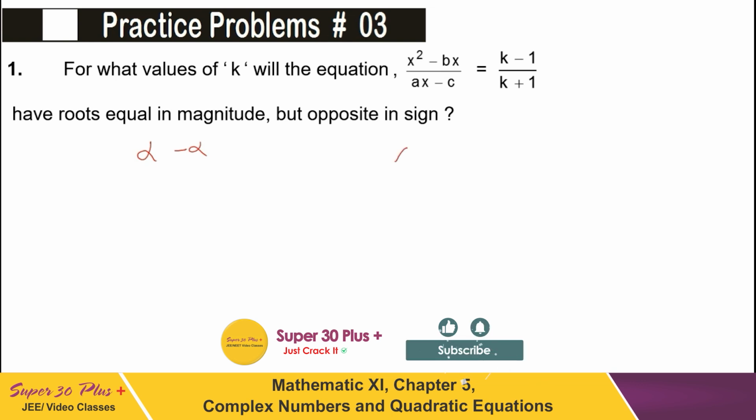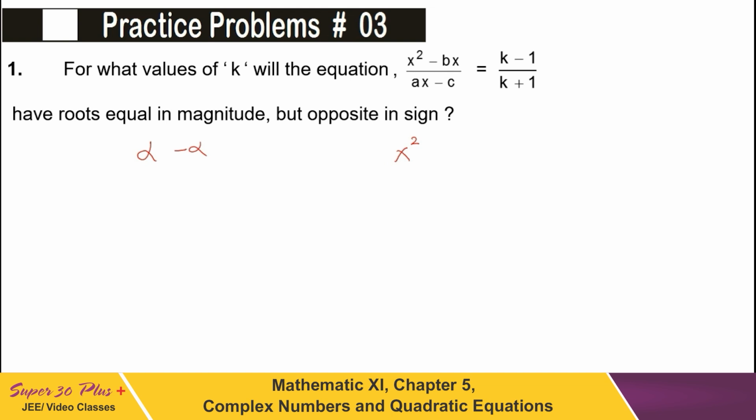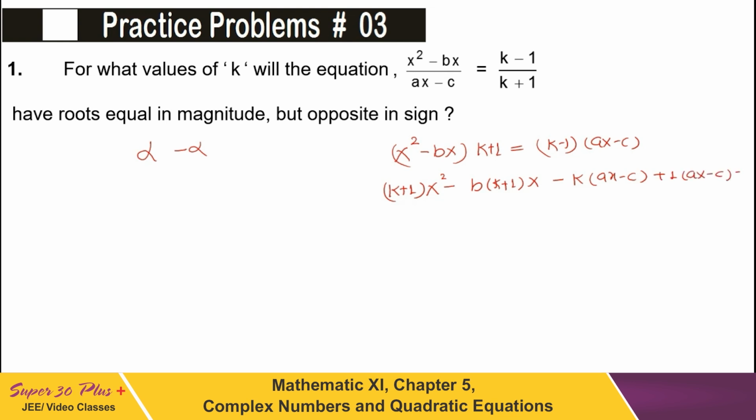The quadratic equation is like this: x square minus bx times (k plus 1) is equal to (k minus 1) times (ax minus c). Now we simplify it. It is (k plus 1) times x square minus b times (k plus 1) times x minus k times (ax minus c) plus 1 times (ax minus c) is equal to 0.